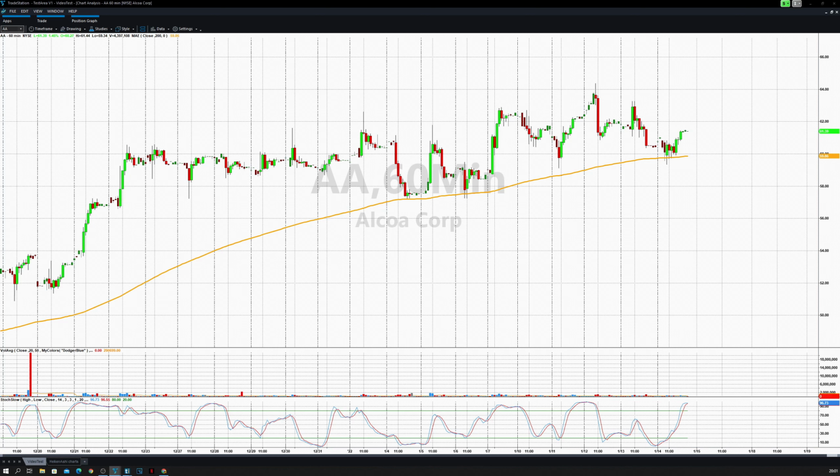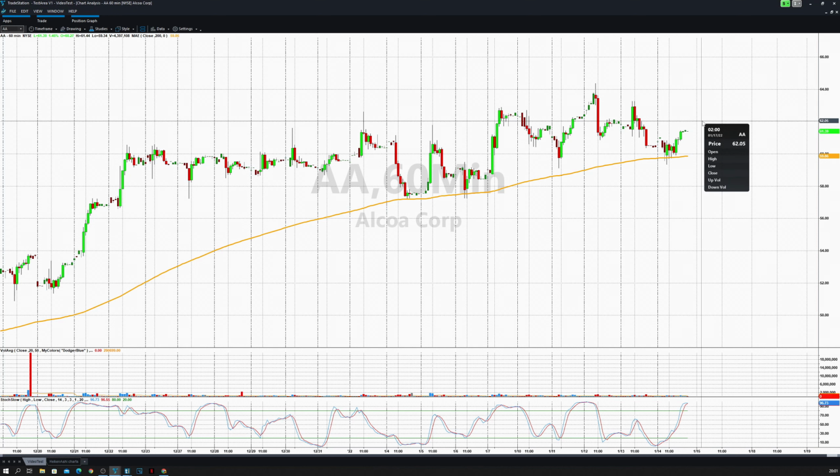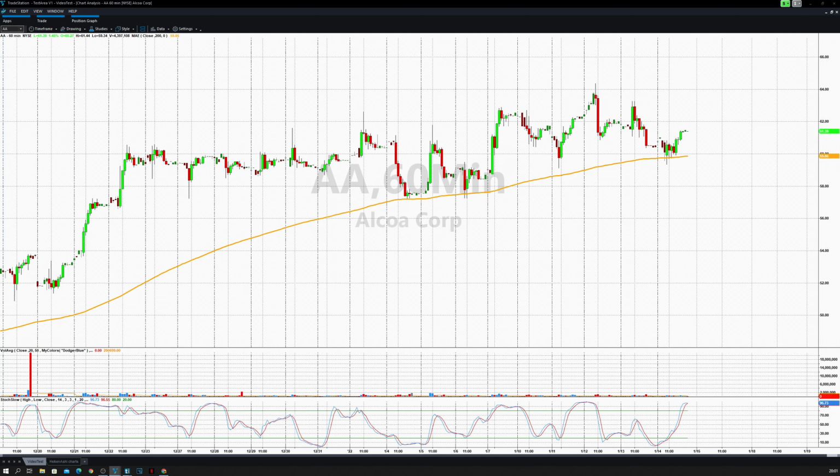So I think it will reach the 62 area, 62.20, someplace here, this area, and from there it will move to the downside. But I want to see the target. Let me adjust.